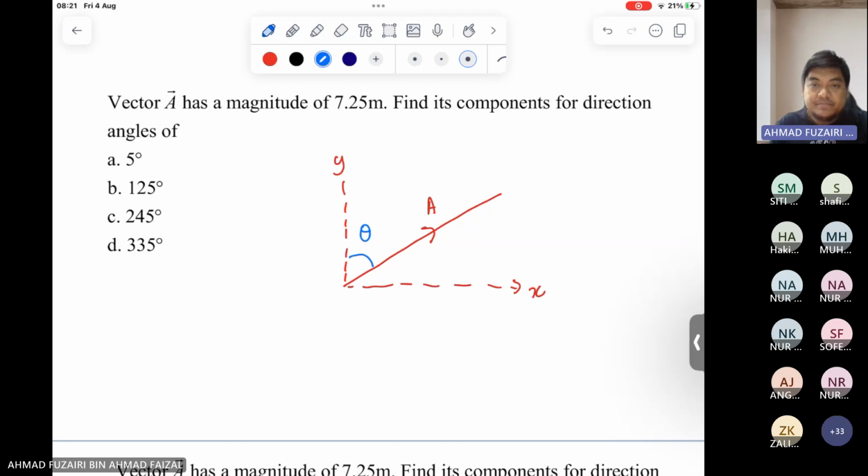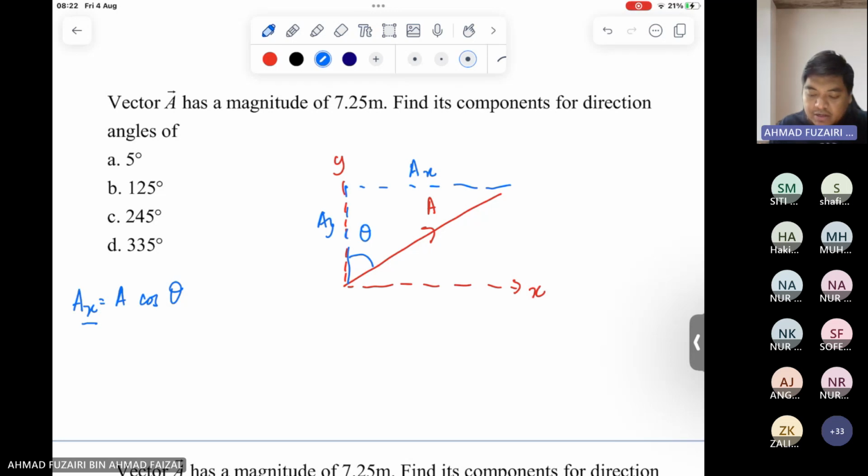The angle is that. Kalau kita sebelum ni yang dekat atas tu kita hafal AX mesti A cos theta. Betul ke salah? Dalam kes ini dia akan jadi salah. Kenapa salah? Sebab angle kita dah bertukar. Nampak? Dia dah duduk macam ni. Orang ni jadi AX, orang ni jadi AY.